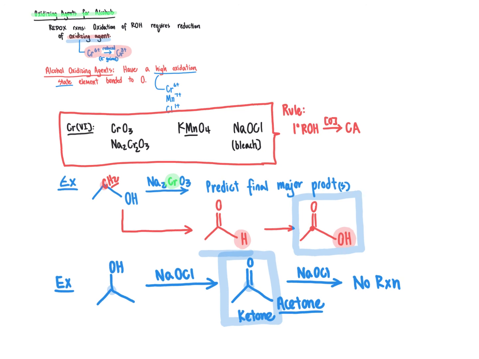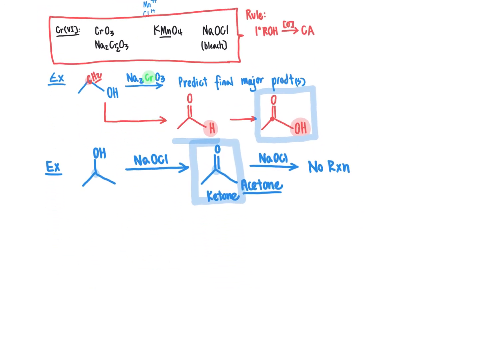We could also look at a tertiary alcohol example problem. So we'll take our tertiary alcohol and mix it with any of the three types of oxidizing agents that we've listed up top. I'm going to use tert-butyl alcohol as my example of a tertiary alcohol, and I'm going to mix it with the only oxidizing agent we haven't used so far, potassium permanganate.